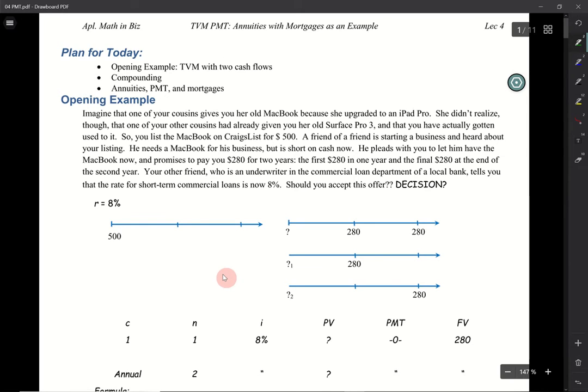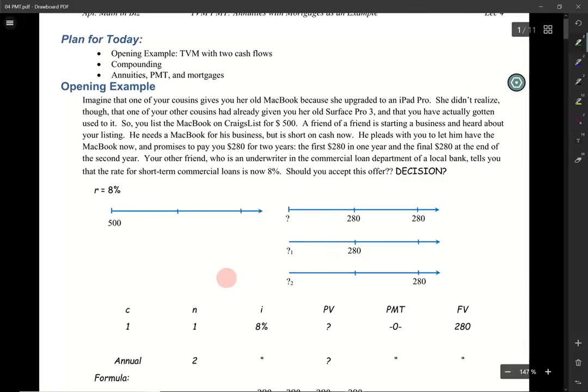So how would you start this problem? Does it remind you of anything that we looked at? Does it remind you of anything we've seen before? Finding the present value, right? So what's different? What should this remind you of?